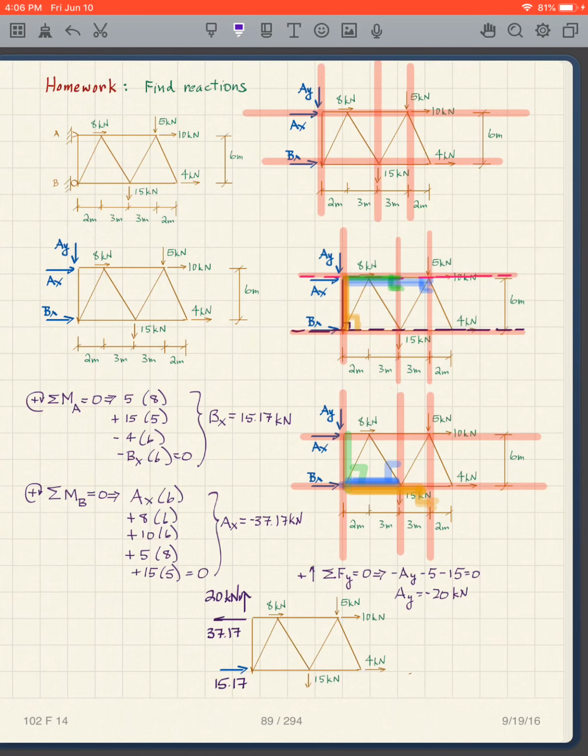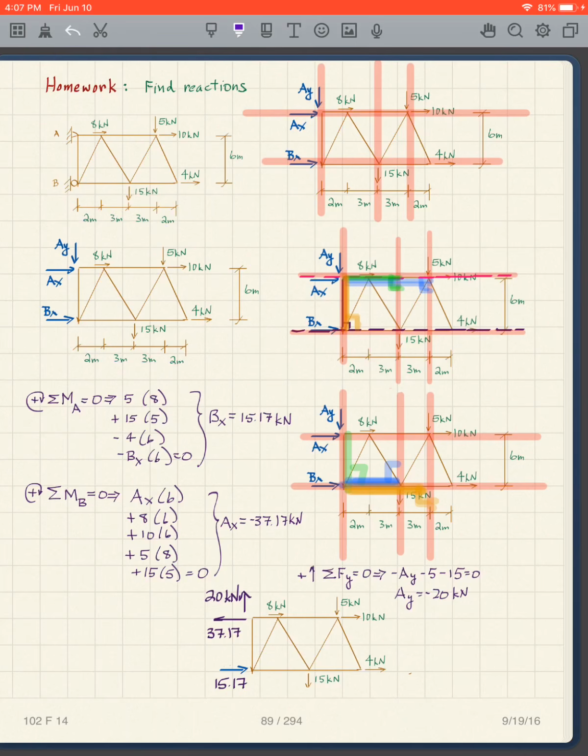Okay, find the reactions. So here's my free body diagram, and as you're starting to do these problems, what you should do is draw these lines of action of all the forces. After you've done enough of these, you don't have to.